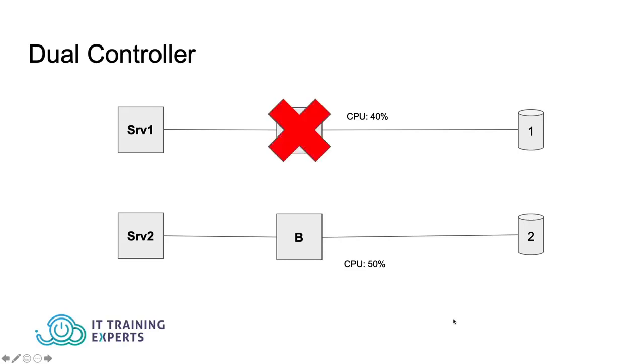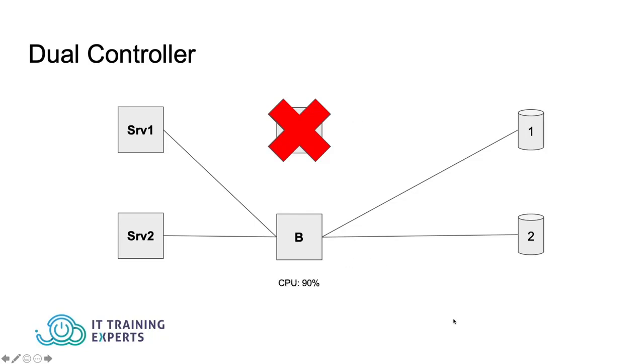Well, at that point, that workload that was on server 1 accessing volume 1 gets moved to controller B. So B is the failover for controller A. So in this situation now, we have controller B that's taking over both server 1 and server 2's workload needs. And at that point, controller B sees a spike in the CPU. Now all of a sudden the CPU is 90%. So this is at the point where we may start having some performance issues.